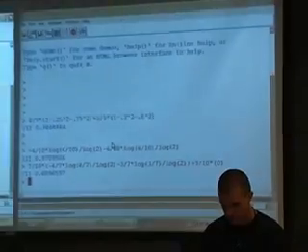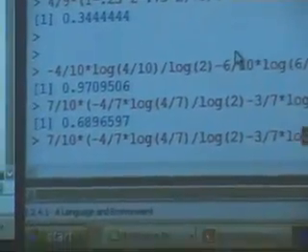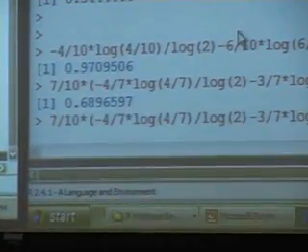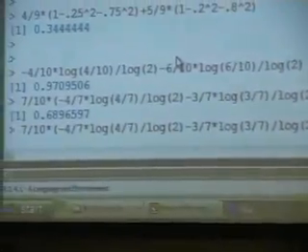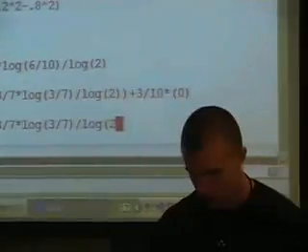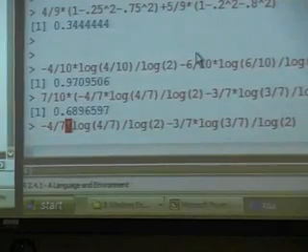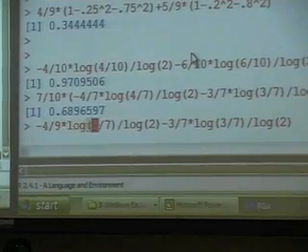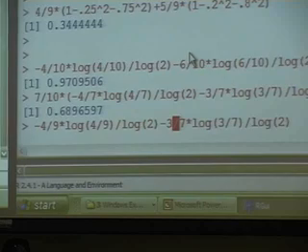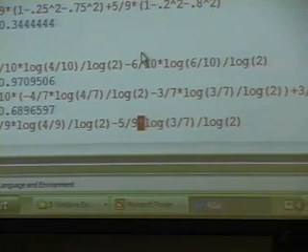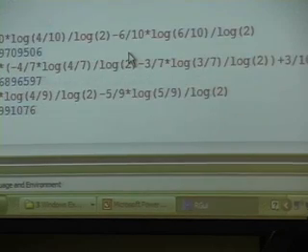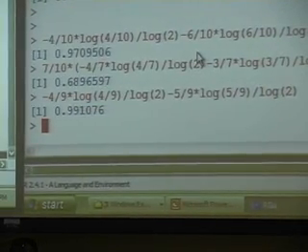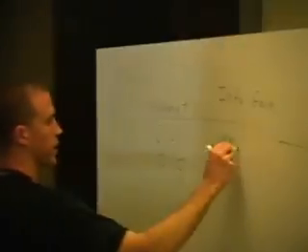I can do the entropy for 4 out of 9 by saying it's going to be negative 4 out of 9 times log of 4 out of 9 minus 5 out of 9 times log of 5 out of 9. So the original entropy looks like 0.9910. It's always the case, right? 0.9910 is the original entropy.